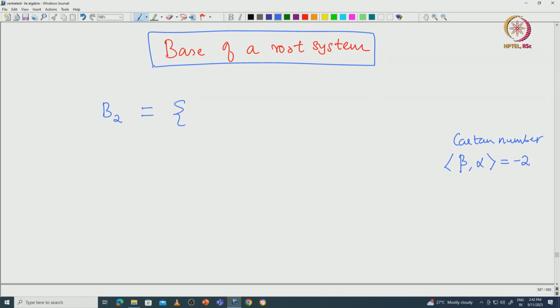That means the absolute value of this Cartan number is at most, and exactly, 2 in the root system B2. That is how we are choosing alpha and beta.